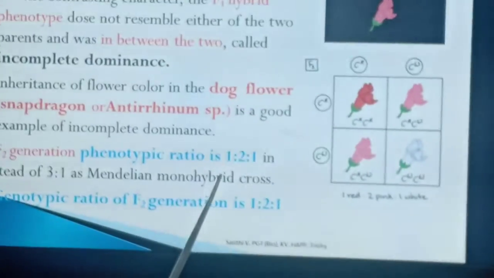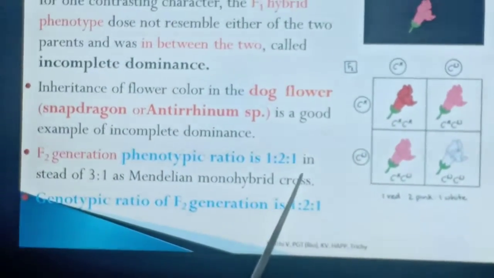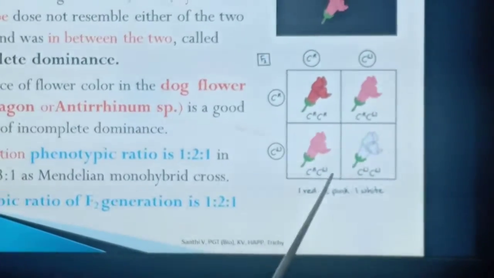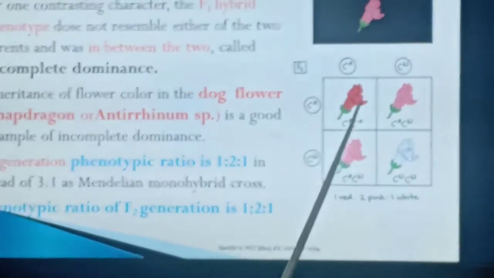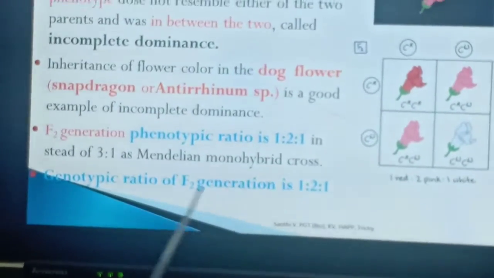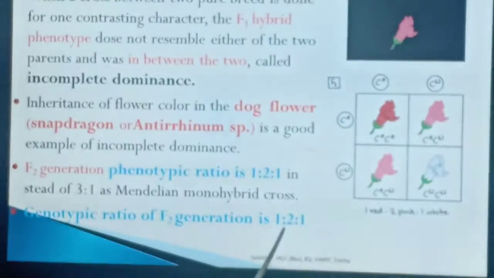The phenotypic ratio is 1:2:1, and in the same way the genotypic ratio is also 1:2:1. That means one homozygous dominant, two heterozygous hybrid and one homozygous recessive. So here the phenotypic ratio and the genotypic ratio are both similar.